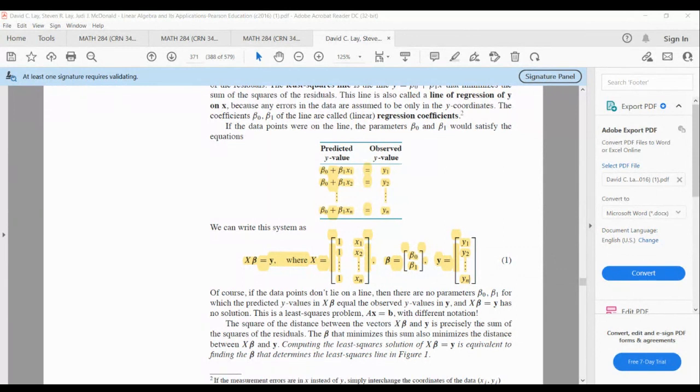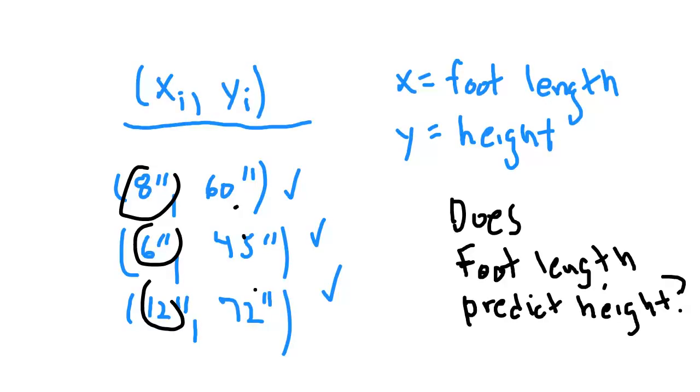So if you have a design matrix X, notice the first column is all ones. And that's because of the beta. Let me just show you this here.